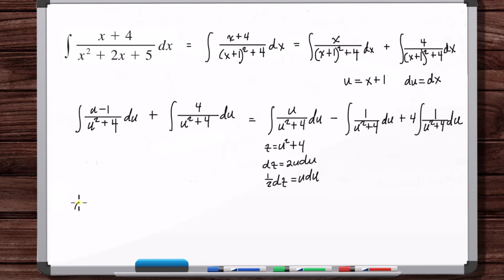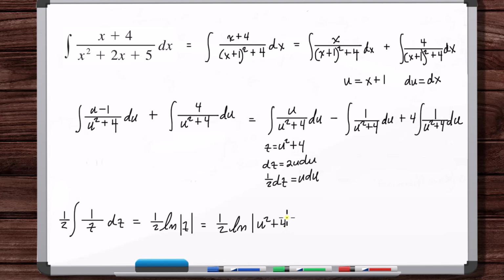So we bring out the 1/2, and we've got 1/2 natural log of the absolute value of z, which is 1/2 natural log of the absolute value of u squared plus 4, but u squared plus 4 is always positive, so we don't need the absolute value.